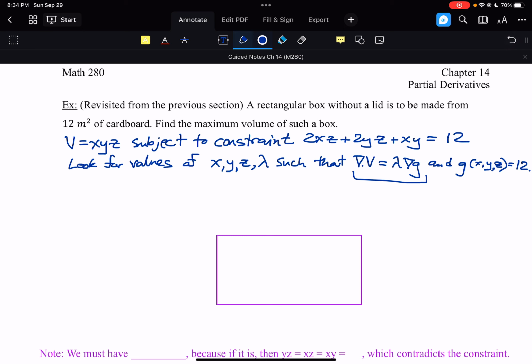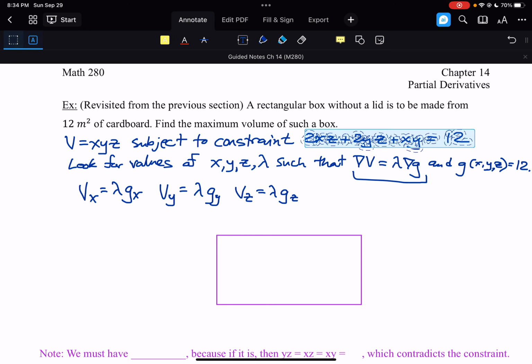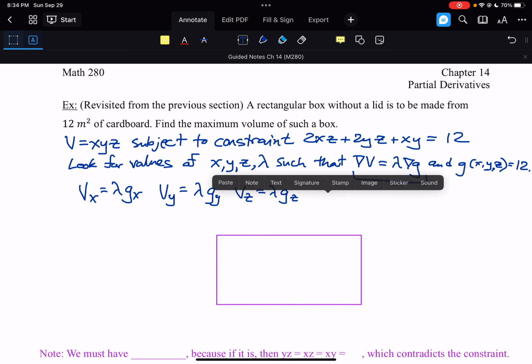So if grad v is equal to lambda grad g, then that means the corresponding components will be equal as well. So in other words, vx will be equal to lambda gx, vy equals lambda gy, and vz equals lambda gz. And of course, the constraint is just this equation again.